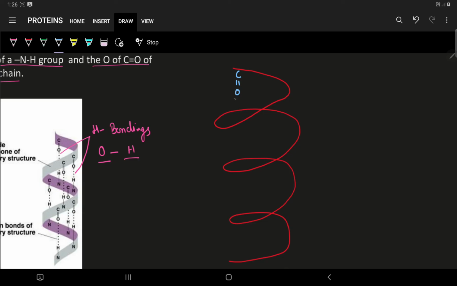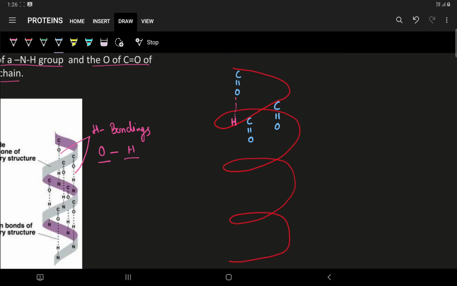It will have an interaction with a hydrogen present somewhere here. Similarly, there can be other C ends which we can represent like this. It's just a representation to know how these hydrogen bonds are formed in between the same polypeptide chain. These hydrogen bonding interactions give rise to this alpha helix structure, this helical or coiled structure.